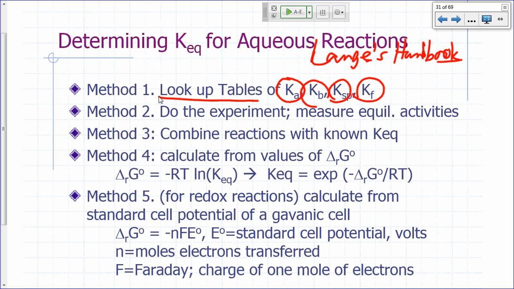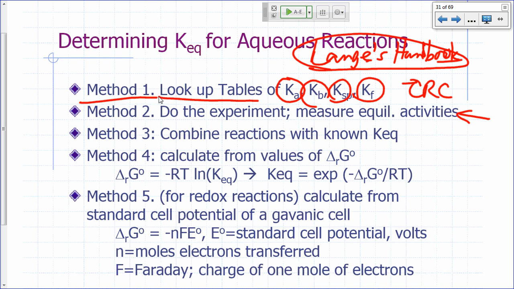I got a few for the lab last year. There's also the CRC Handbook of Chemistry and Physics. For a lot of these things that we look up in this class, those are really good handbooks to have. If you're going to be doing a lot of chemistry, that's a good thing to have, okay? You don't need a new one, just buy a used one. There's a lot of cheap used ones you can buy.